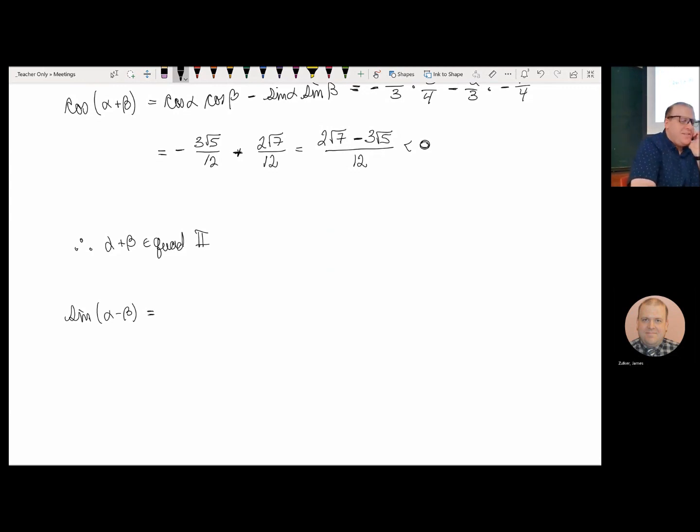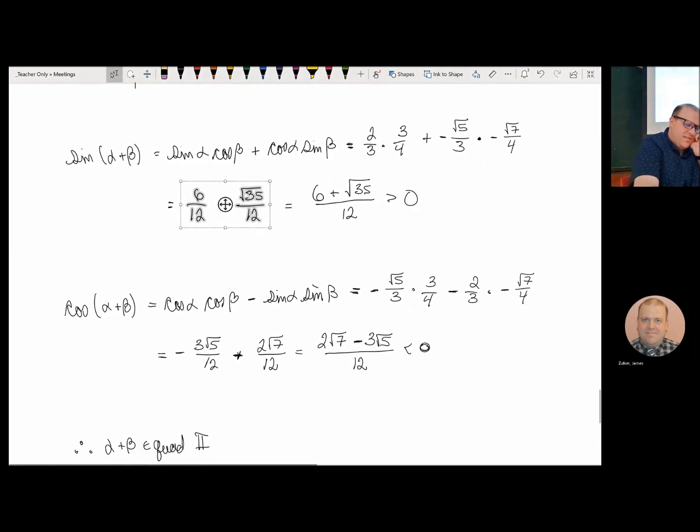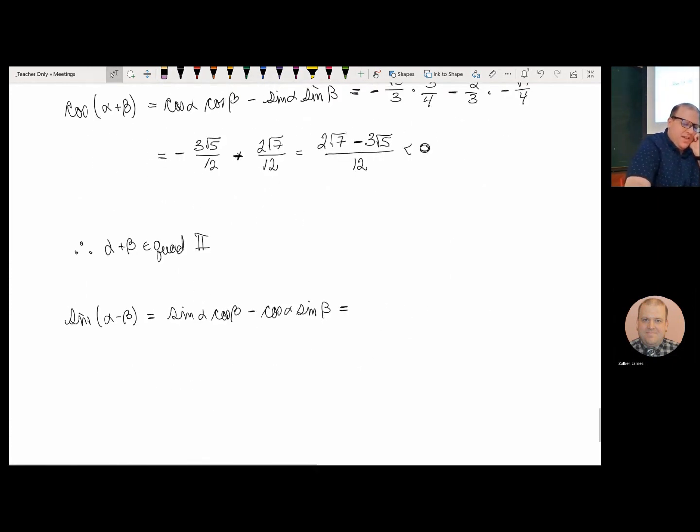Sine of alpha minus beta. Again, not much we need to worry about. I can just copy and paste and change a sign.